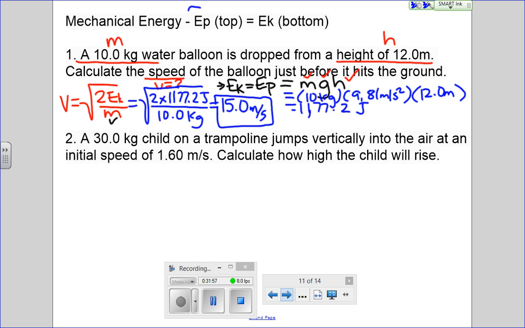Now that is one very valid way of solving this problem. What I'd like to do is next show you an alternate method where you do the calculation in one step. Either way is fine. If you prefer this way, use this way. If you like the second way I'm going to show you better, use that way.